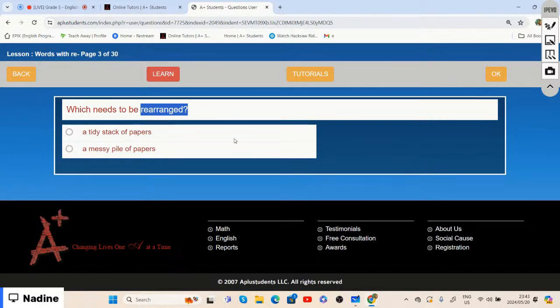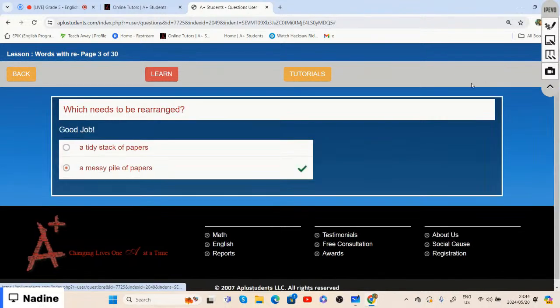All right, and we would rearrange a messy pile of papers, not something that is tidy, right?